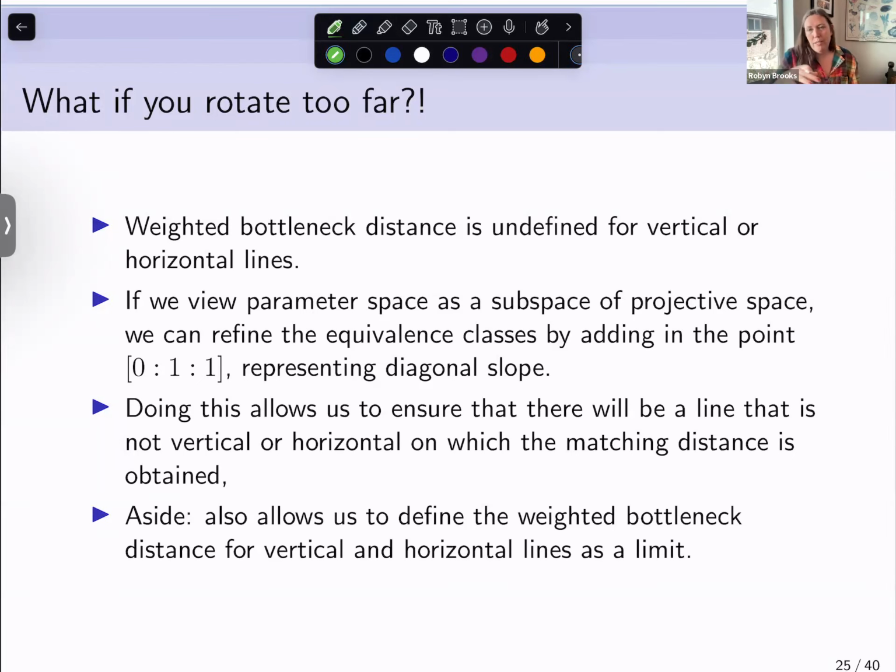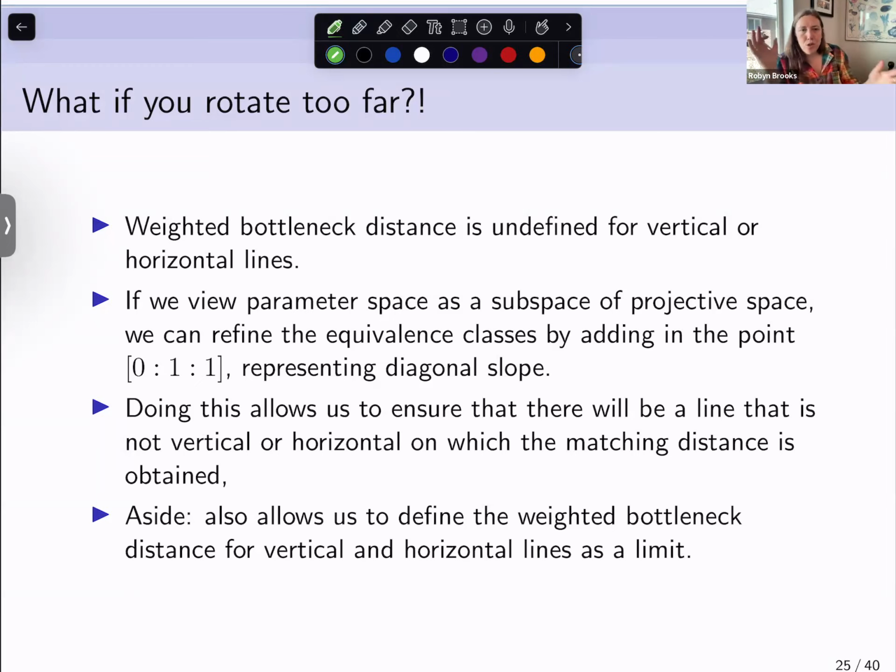So we view parameter space as a subspace of projective space. We add in the point at infinity (0, 1, 1), representing diagonal slope. And what that does is it breaks our equivalence classes now into two pieces, right? So I have an equivalence class that partitions the critical values in some way, but then I can break that into two for lines with slope greater than 1 and slope less than 1.